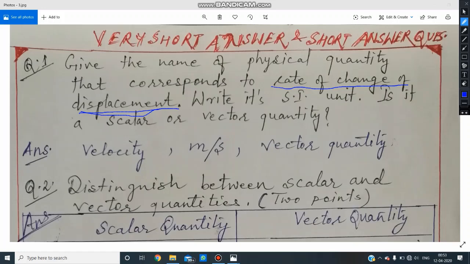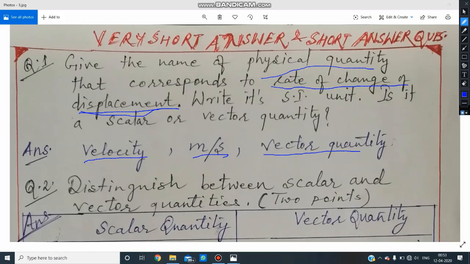So the first part of your question finds its answer. The physical quantity which has been asked here is velocity. Now its SI unit. You all know that the SI unit, which we introduced in the last lesson, is meter per second. And finally, without delay, the answer is that it is a vector quantity. So all the three parts are answered.